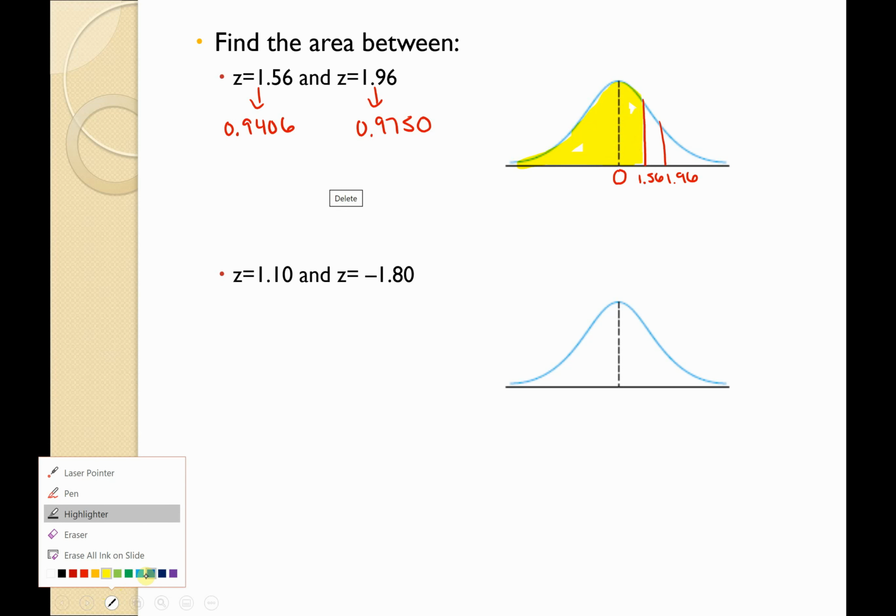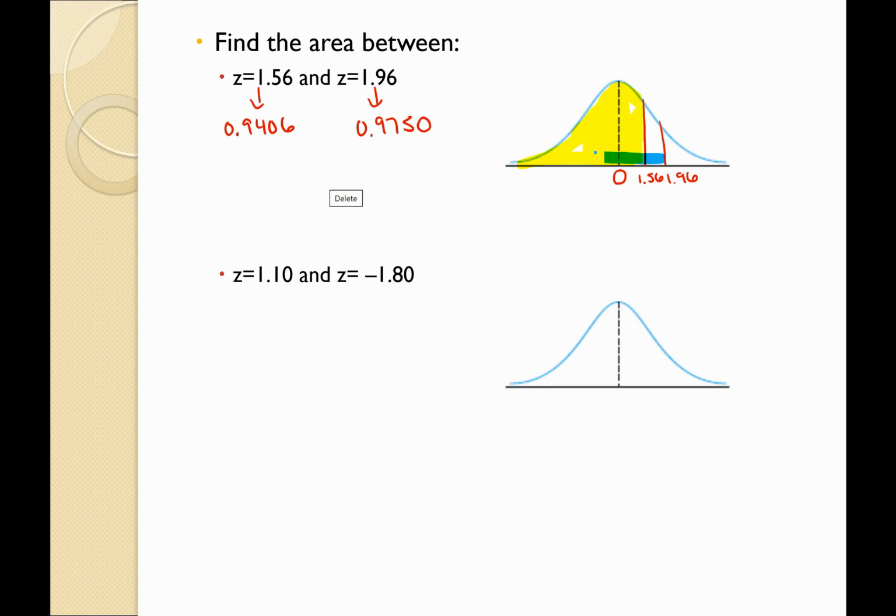Then if we have z equals 1.96, when we look at that area of 0.9750, that's everything to the left of 1.96. So now the piece that we want, and I forgot to highlight this before we started here, it's that in-between piece.